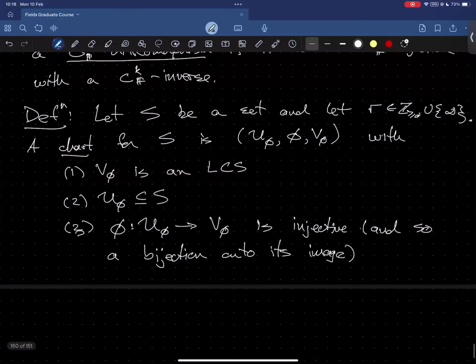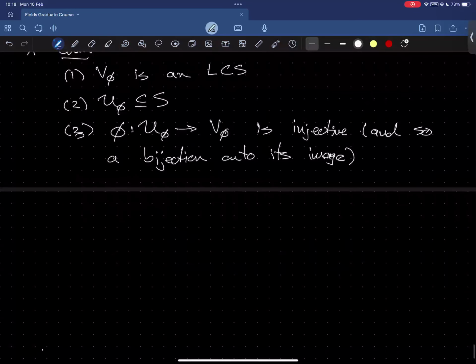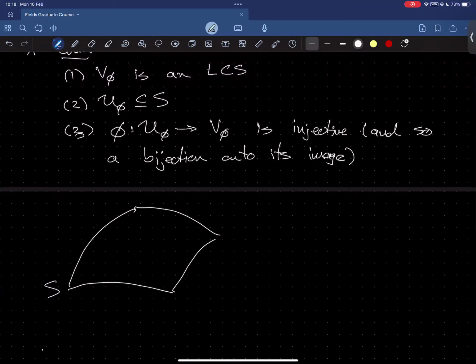And so again, let me draw a picture of how you should think about a chart in your mind. So you should think of S as being like some curved thing. Right? And U_phi you should think of as being an open set, is how you should think about it. I haven't said what open set even means, so take that with a grain of salt.